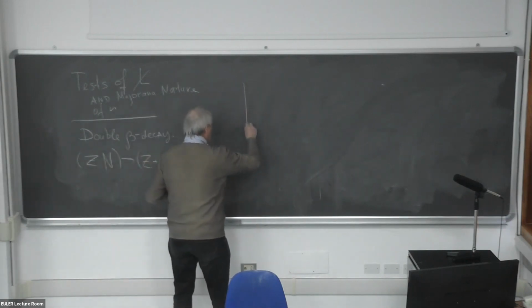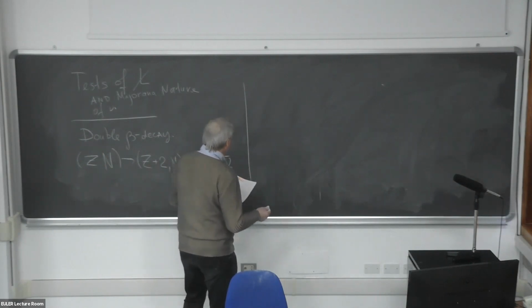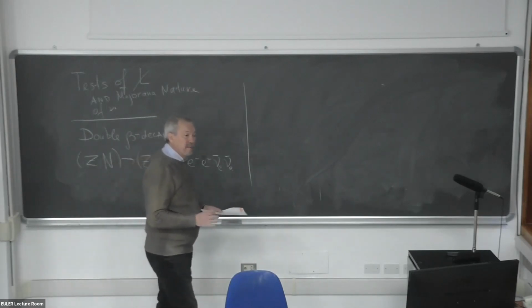So that happens because in nature, there are systems of nuclei for which usual beta decay is forbidden.